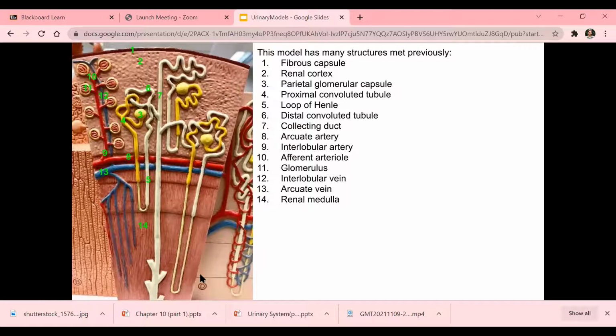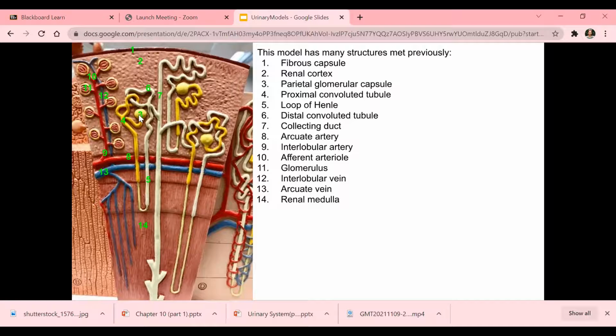The other model of the kidney and nephron. First, I need to tell you this nephron is not correctly made here because the nephron should have some parts in the cortex, some parts in the medulla, like these two, but all parts of this nephron is in the cortex and it's wrong.